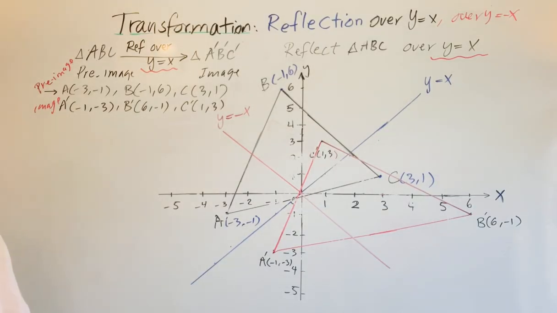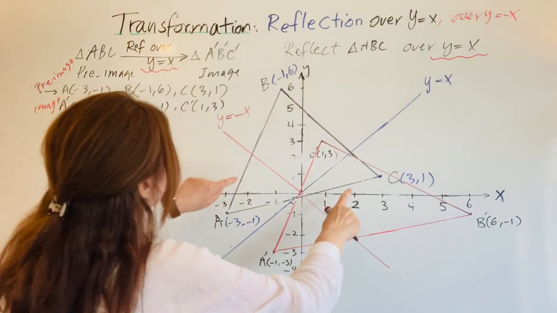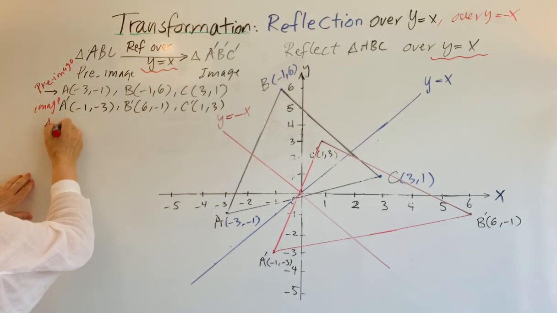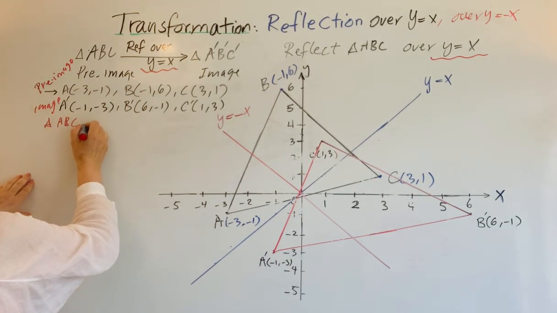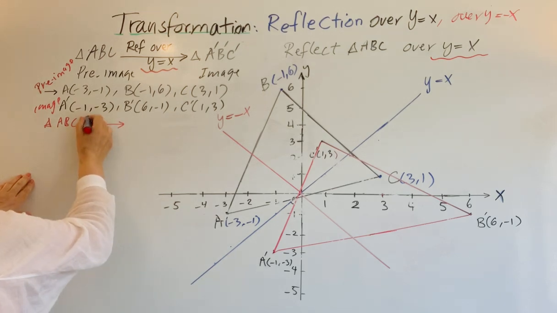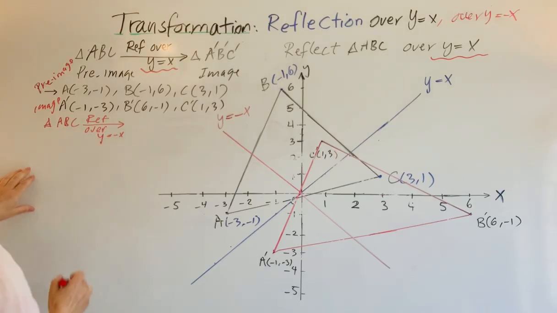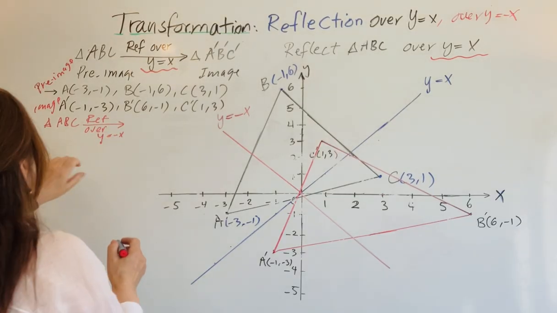How about this one? We have A, B, C. How can we reflect A, B, C over y equals negative x? What can we do?